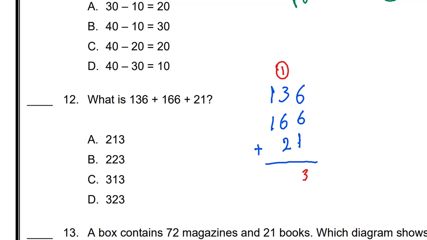So to write 12, we write 2 and carry up 1. 1 plus 1, 2. 2 plus 1 equals 3. So this one is the correct choice.